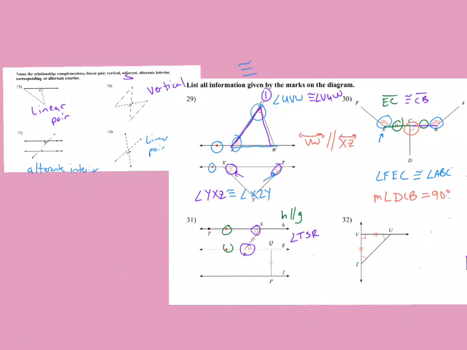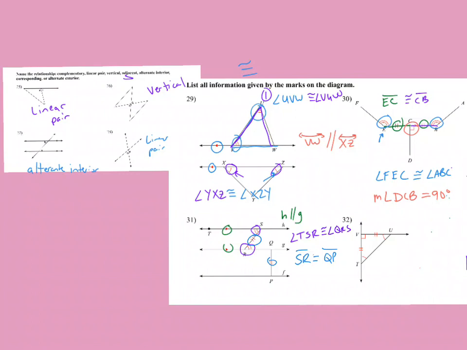It doesn't matter the order of your three letters as long as the vertex is in the middle, and I'll use QRS. And the other thing I see is I see congruency symbols. So that means I have segments. So if I see dashes, that means segments should be congruent. So I'm going to say SR is congruent to QP. It has to have the little bar on top to tell me we're talking about a segment. All right.